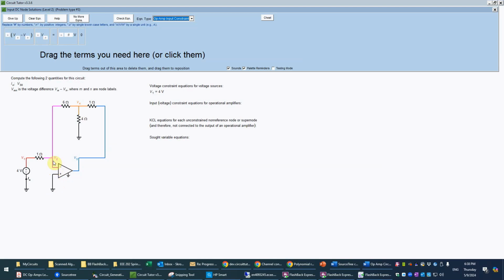It's kind of an unusual thing, but it's the feedback that causes that to happen. So that equation therefore says that V2, since this input voltage is 0, V2 must also be 0. Again, it's not always 0, it's whatever the other terminal's voltage is, but in this case it is 0. So that would say V2 equal to 0.